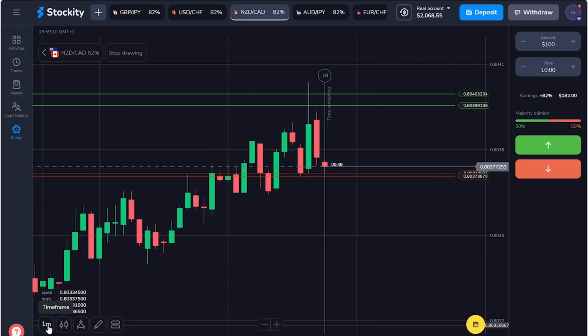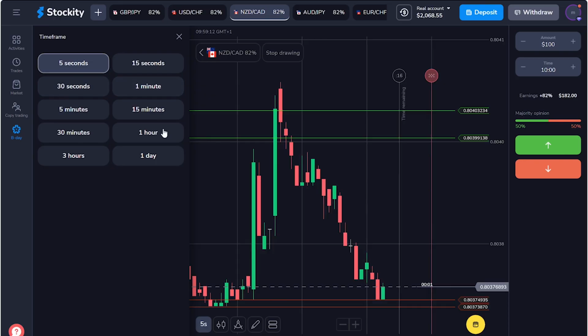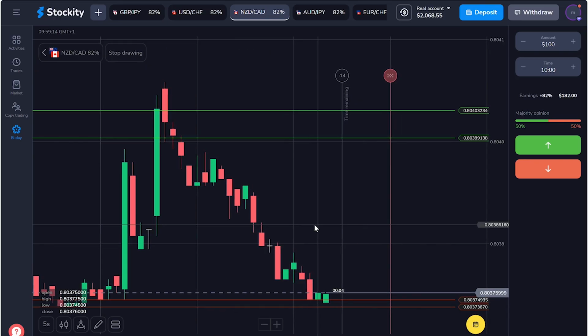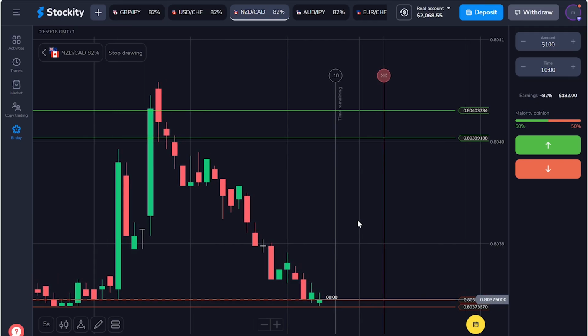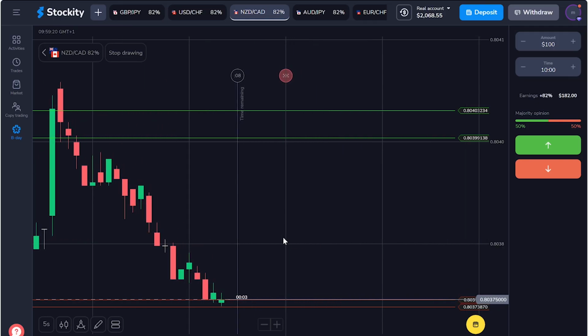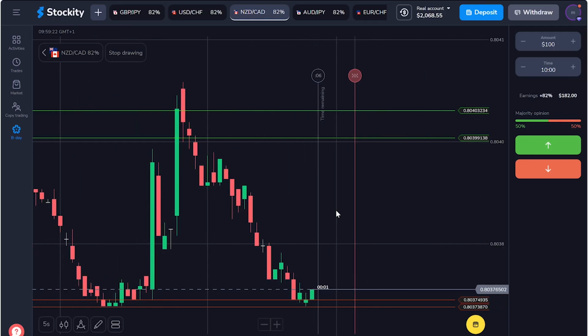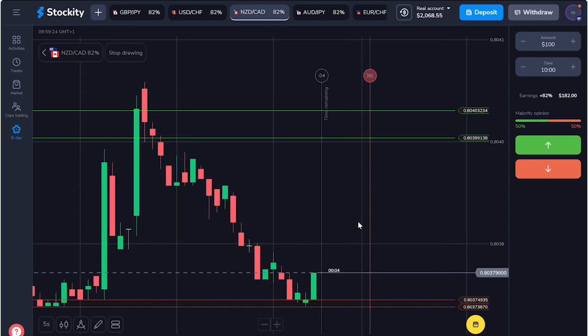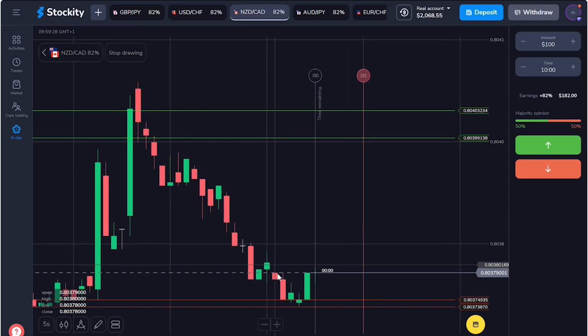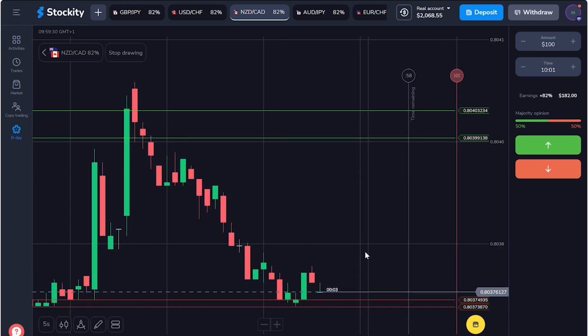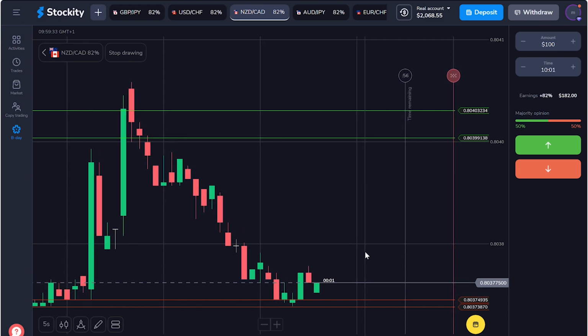All right, so I'm switching to the 5-second chart because market is already hitting the level. So I just need a very strong bias candle at this level to take my trade. Okay, there are multiple rejections here, so I'm going to wait. Let's see.